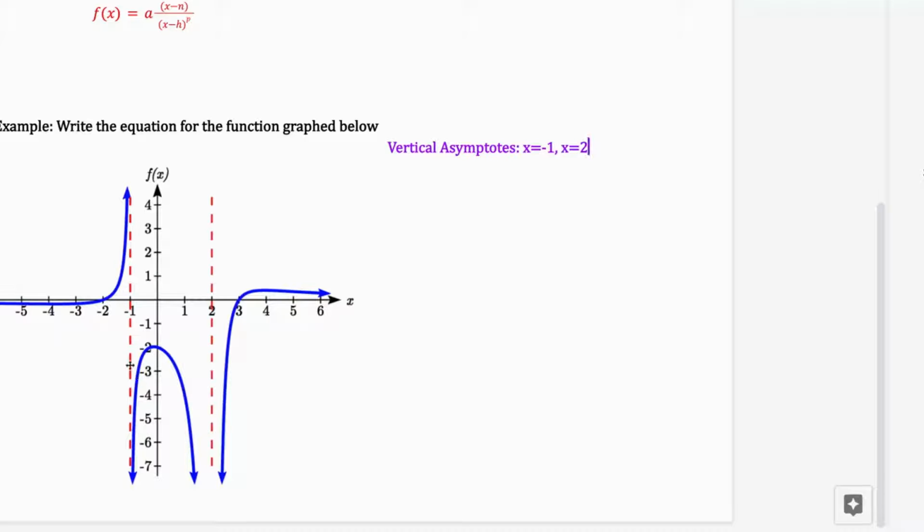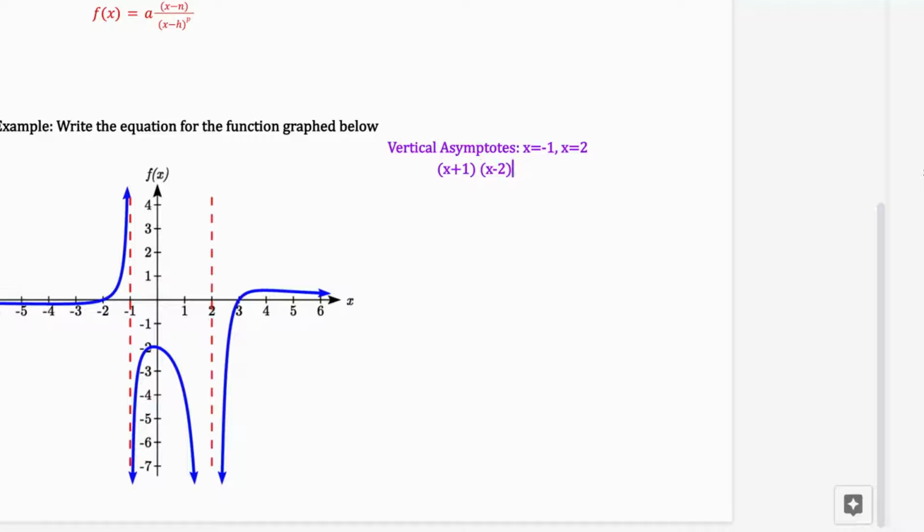So again, that red dotted line is at x equals -1 and x equals 2. Since I know that now, in factored form, that is x plus 1 and x minus 2. That is what it looks like in factored form.